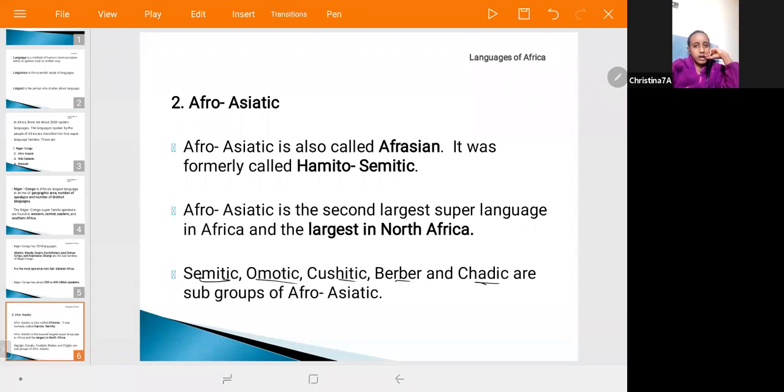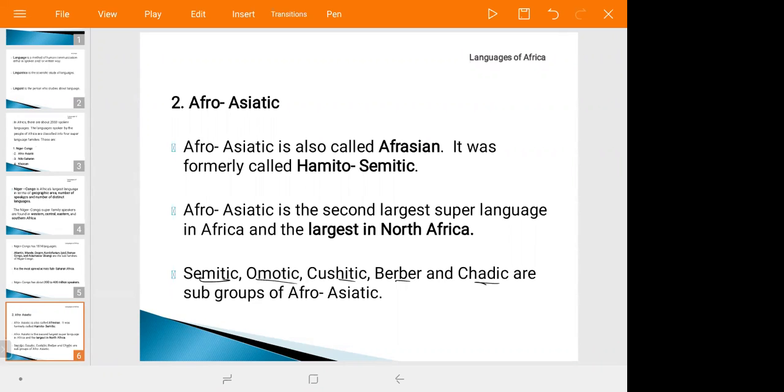You know that the Semitic, Omotic, Cushitic are the language groups for the languages of Ethiopia. For example, for the Semitic, we have many speakers, in Omotic too, in Cushitic. Cushitic, you can take Afan Oromo or Oromifa.